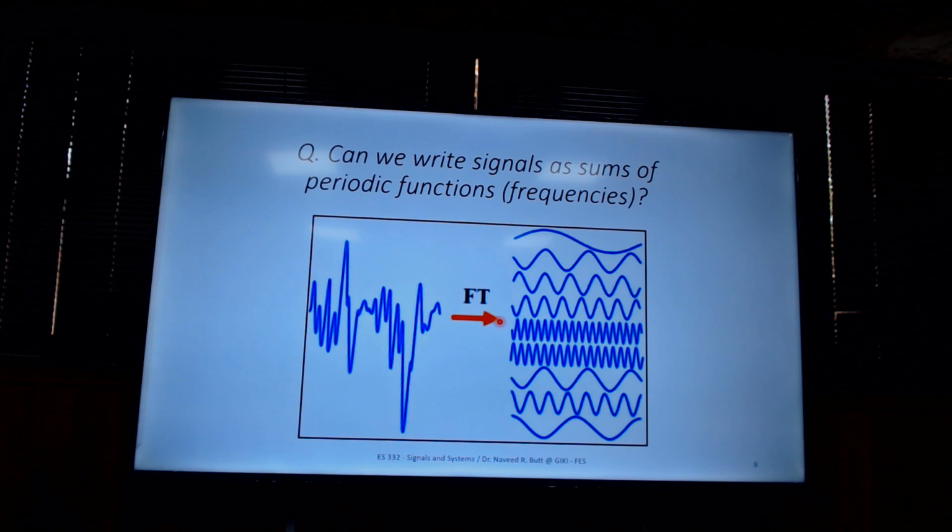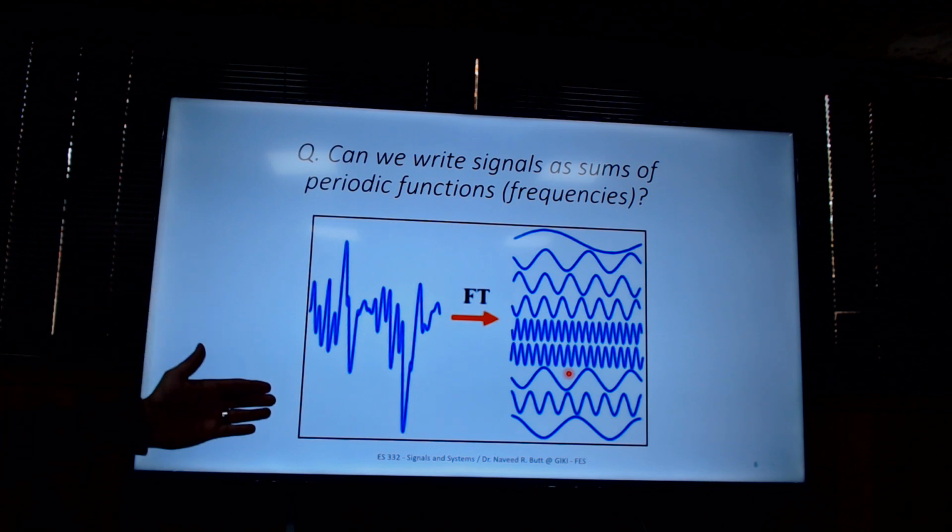Fourier asks: in my arsenal, I have only pure sinusoids. The only things I can play with are their phase and their frequency. You could also play with their amplitude decaying, but then you would be working with the Laplace transform. In Fourier you are not allowing that. Only pure frequencies.